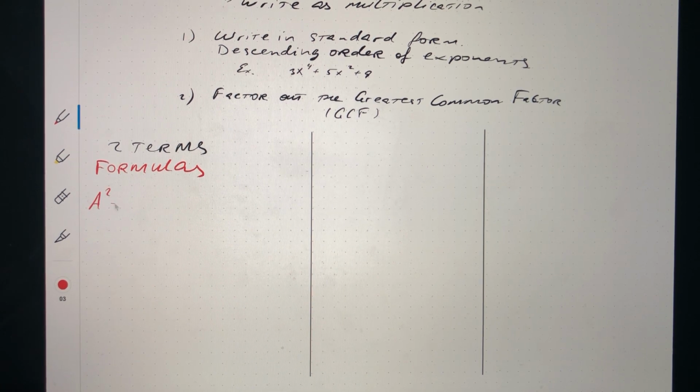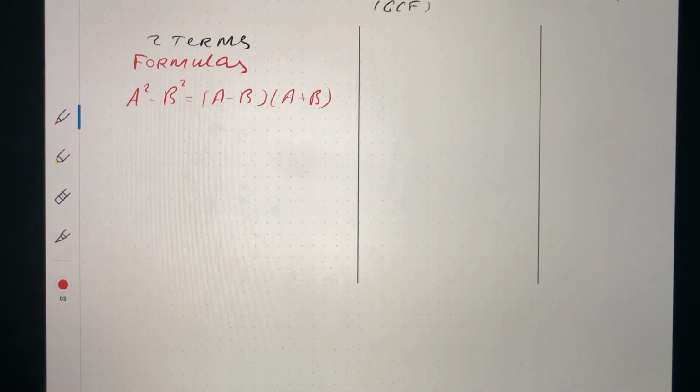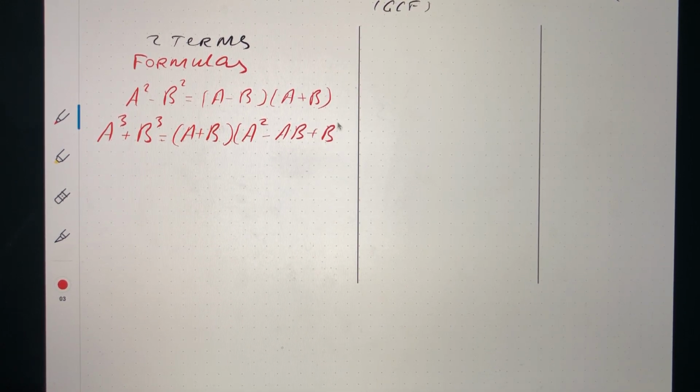Either the difference of squares, which factors as a minus b, a plus b, and we will work with these later in a different video. The other one is the sum of cubes, so that's cubes with a plus in the middle, and that factors as a plus b, a squared minus ab plus b squared.